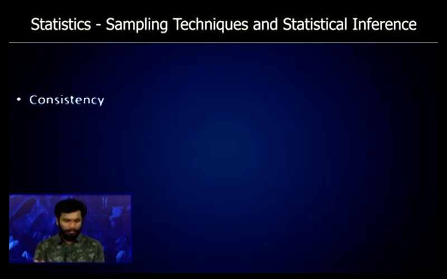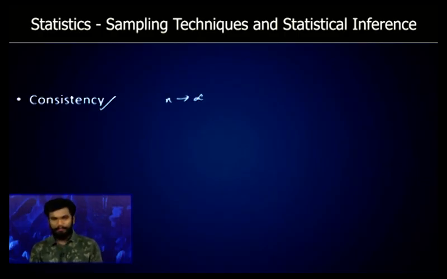Now, consistency. Whenever my n tends to infinity, I am saying my function is Tn of x, where xi values are taken from 0, 1, and so on up to n.